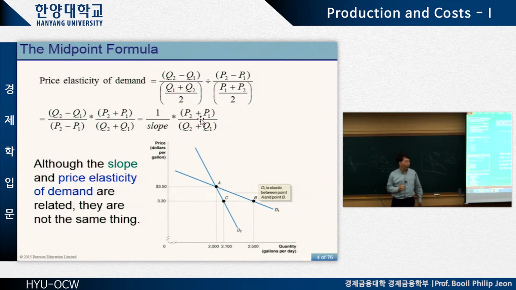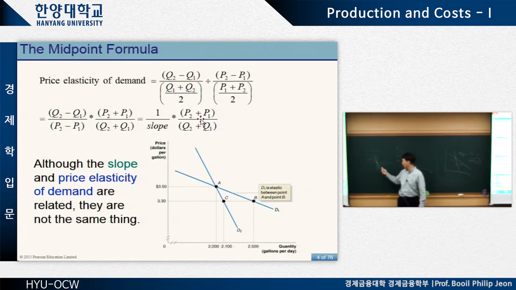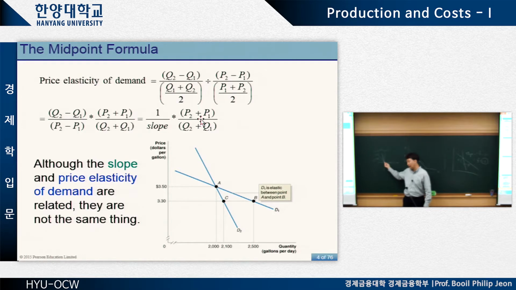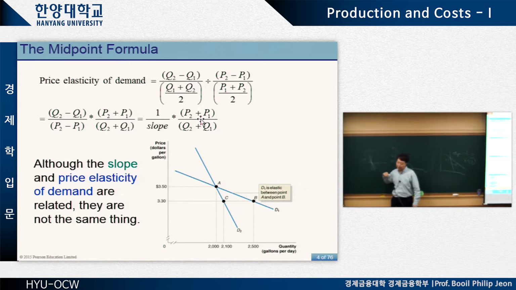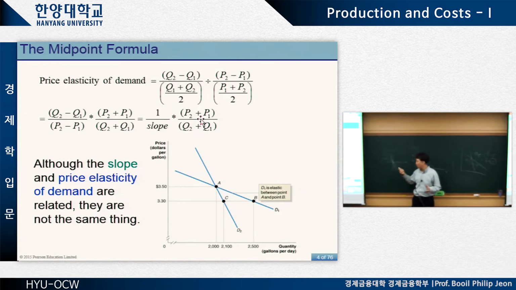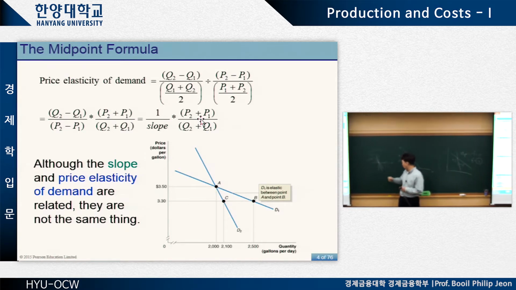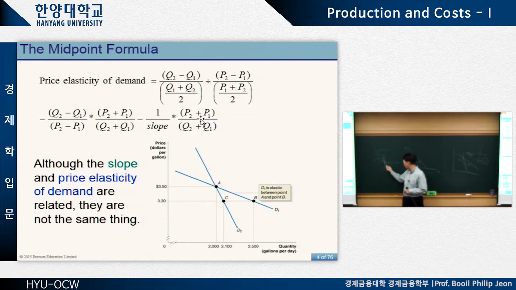Okay. Well, that is true at only one point, at this point. If you're measuring elasticity at this point. But at any other location on the demand curve, like here or whatever, that is not true.